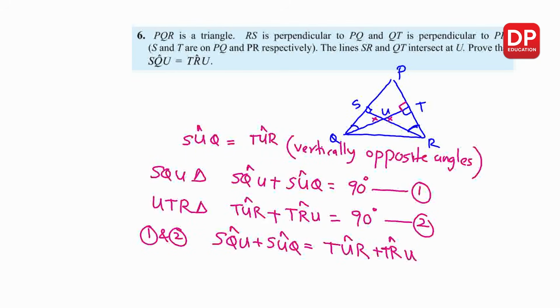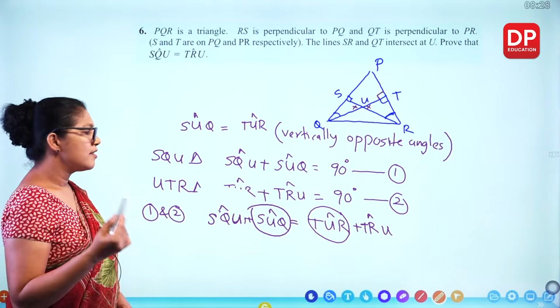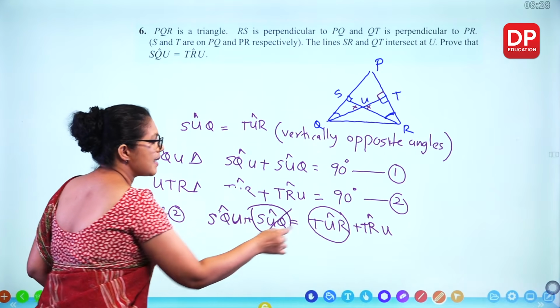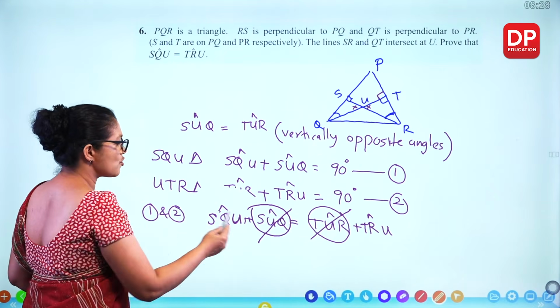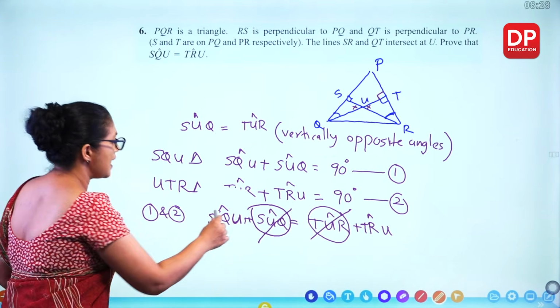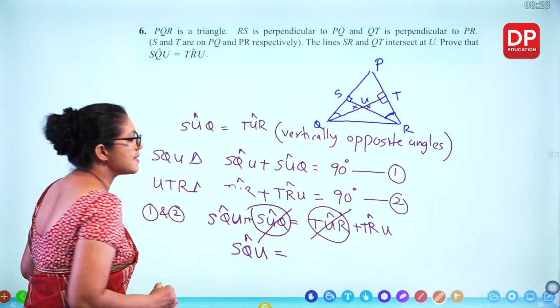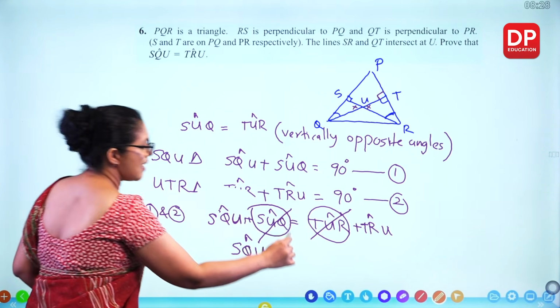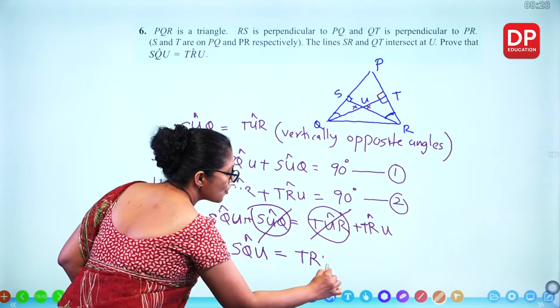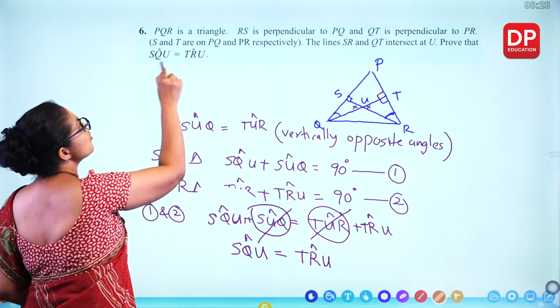We know these two angles are equal, SUQ and this one, so you can cross it out. So what we get is SQU angle is same as TRU. So that's what we need to show.